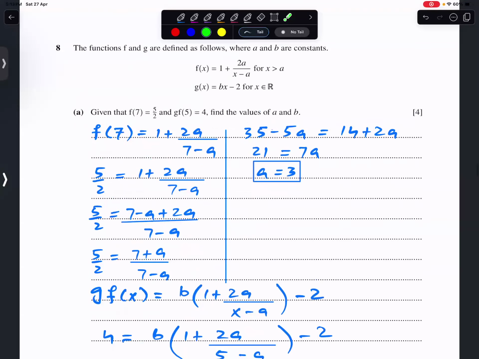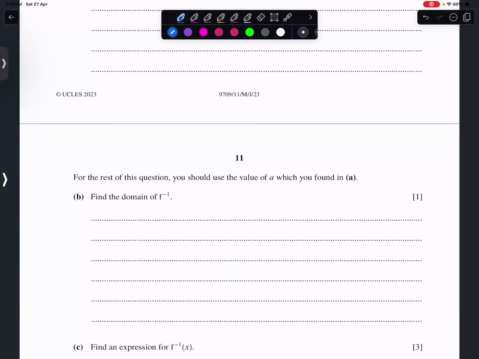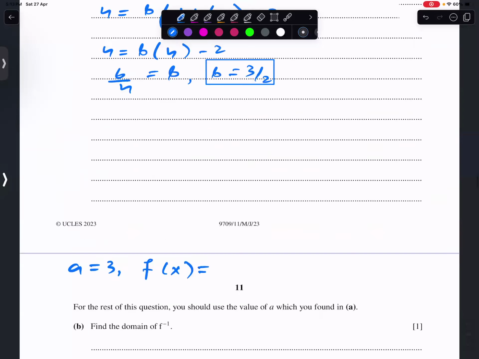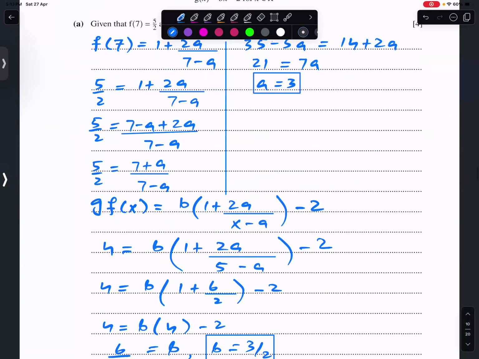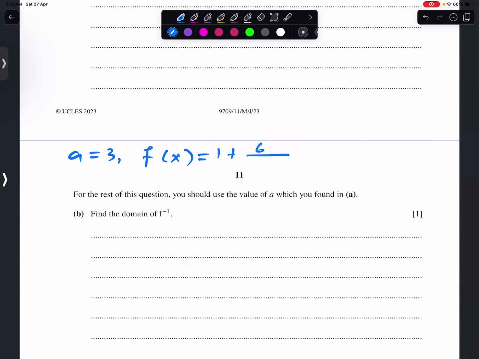So let me tell you, the value of a was 3 and your function was f of x equals 1 plus 6 over x minus 3, using the value of a.